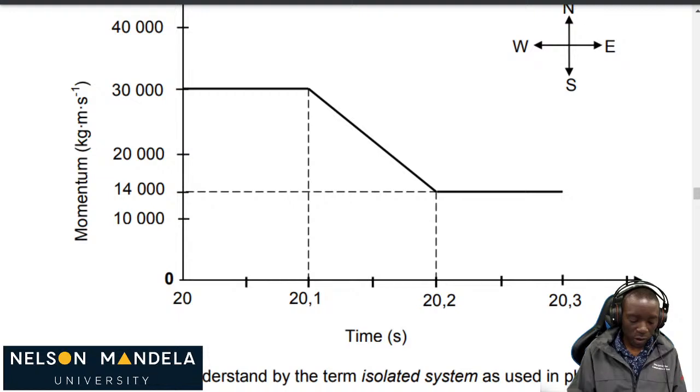And it has a final momentum of 14 kilonewton seconds. I think we've taken all the information that we may need, and the time there, delta t, is 20.2 minus 20.1, which is 0.1 seconds.